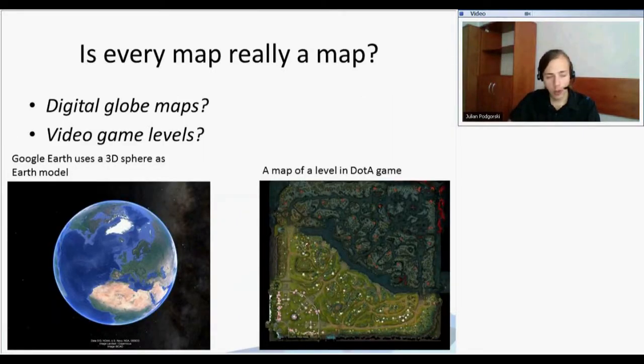And going into more modern and more ambiguous things, are digital maps always maps? If you open the Google Earth program, you can see that the planet is represented as a globe, a sphere, and it's correct. It's good that they do it, because then you're sure all the representations are correct. But it's a globe.